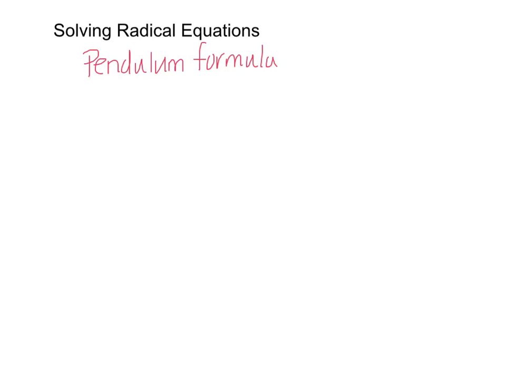Here's the formula. It's P equals 2 pi times the square root of L divided by G. Okay, now P is what we call the period. I'm not going to go into detail with that. You can ask your physics teacher about that.